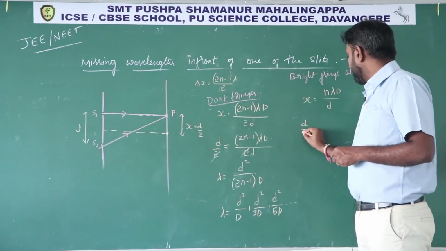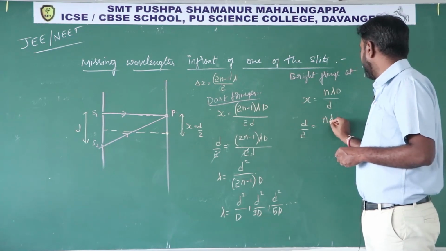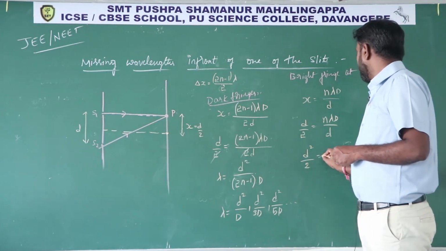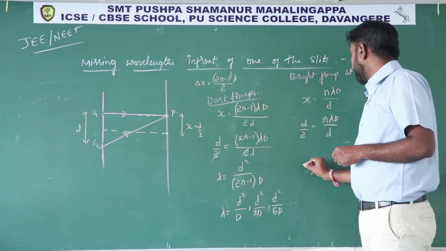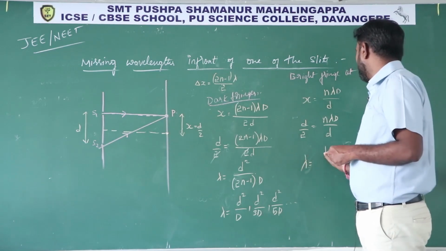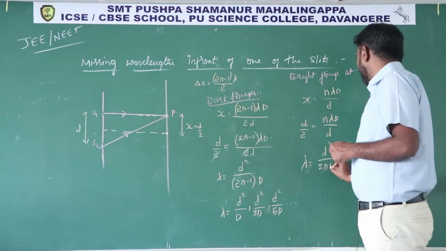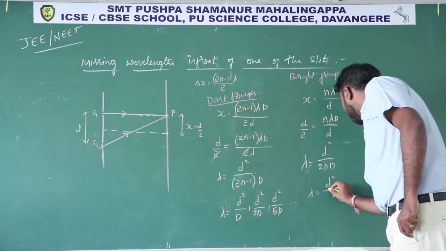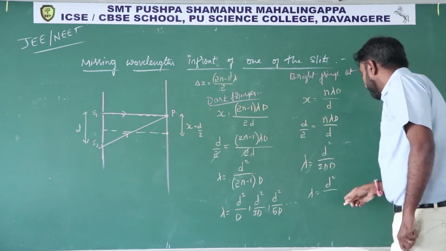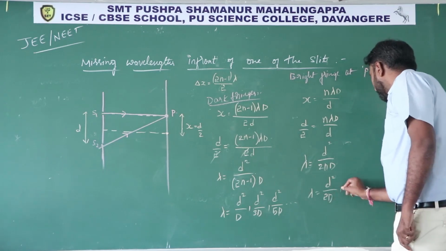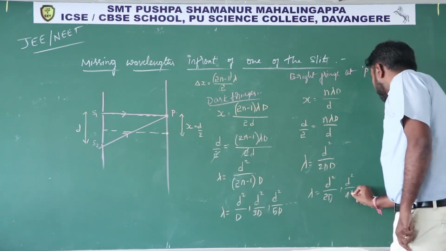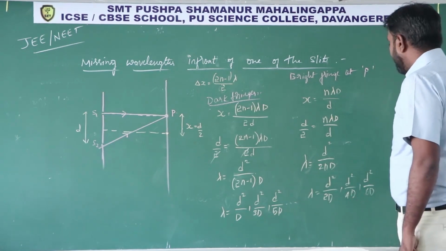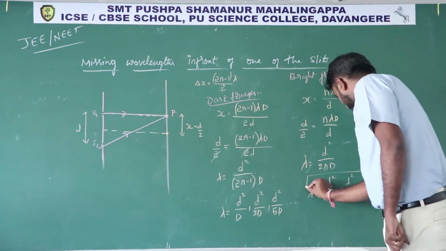Then d by 2 equals n lambda capital D divided by small d. So directly the expression for lambda is d square by 2nD. If you substitute 1, it becomes d square by 2D, then d square by 4D, d square by 6D. In this way you will get the wavelengths for bright fringe.